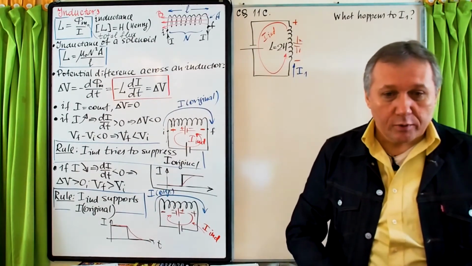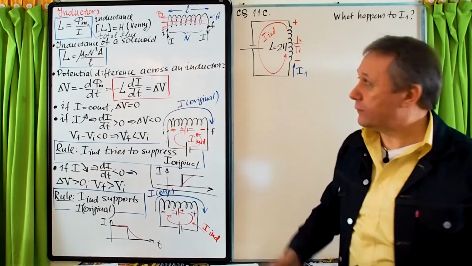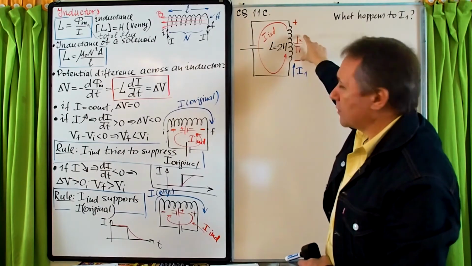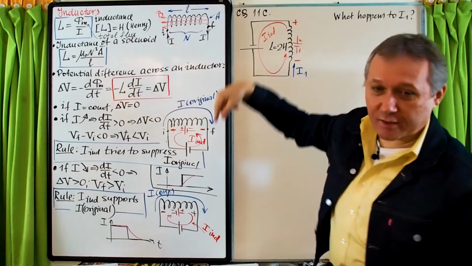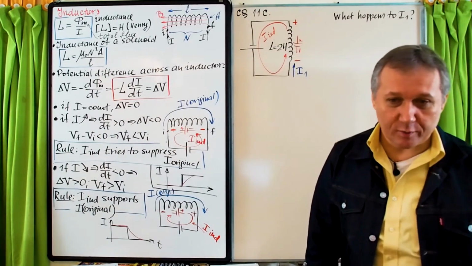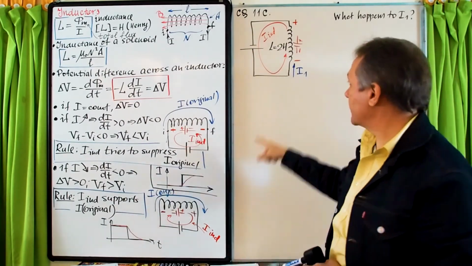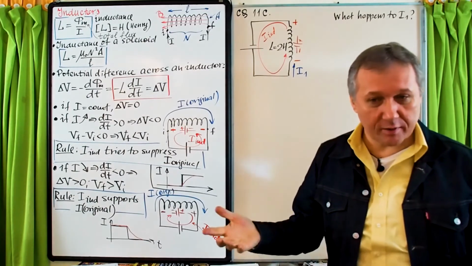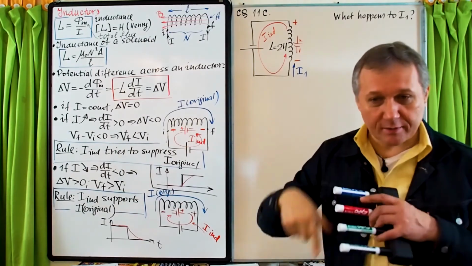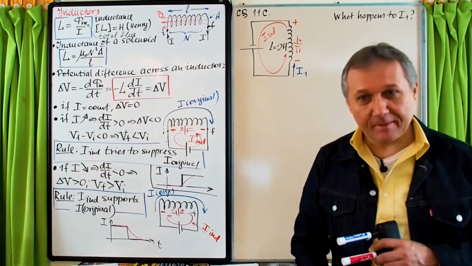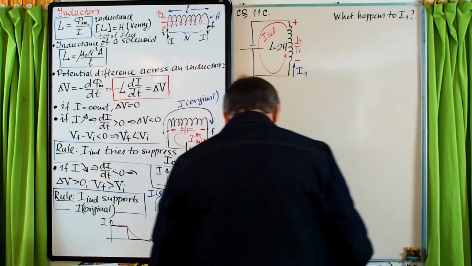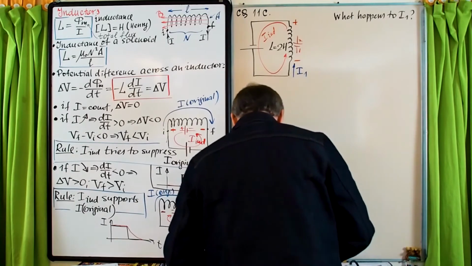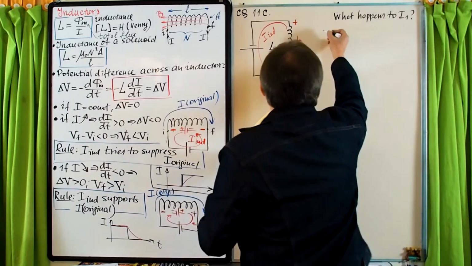So that's how you should run this analysis. If you see the response of the solenoid, imagine a small battery and draw the direction of the induced current. If that direction is the same as the direction of the original current, it means that the original current is dying.